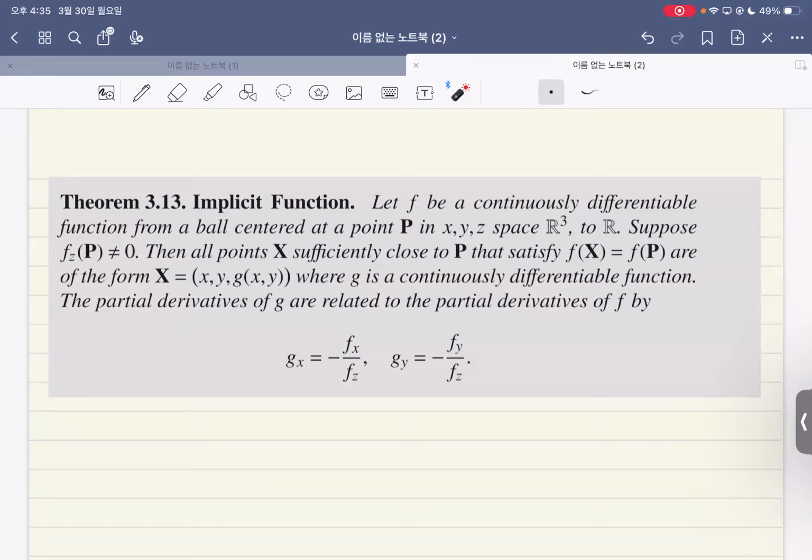And in this case, the partial derivatives of g in x and y are minus f_x over f_z and minus f_y over f_z.